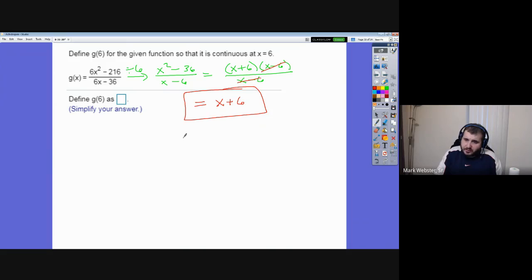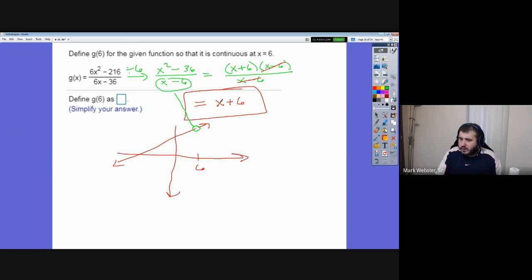So just like in the last one, if we want to look at this on a graph, what we're seeing is this function, x plus 6, but all this information that we got rid of, this part, right, tells us that there's a hole right there.